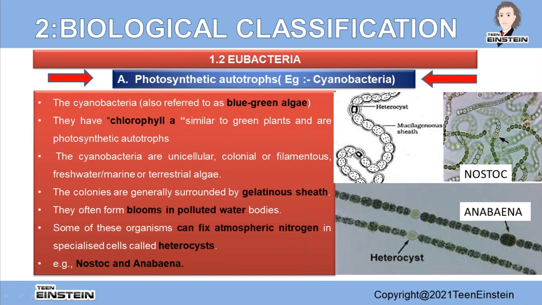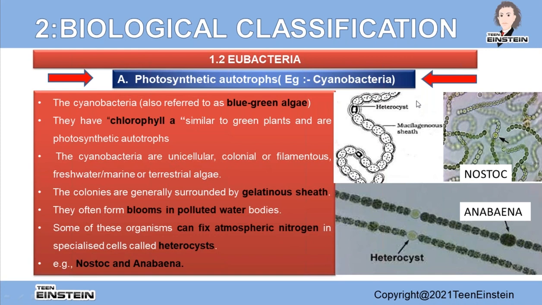Some of them can fix atmospheric nitrogen, and the specialized cells called heterocysts, which you can see here, help in atmospheric nitrogen fixation. So they are called blue-green algae, and they have the same chlorophyll A present in green plants.